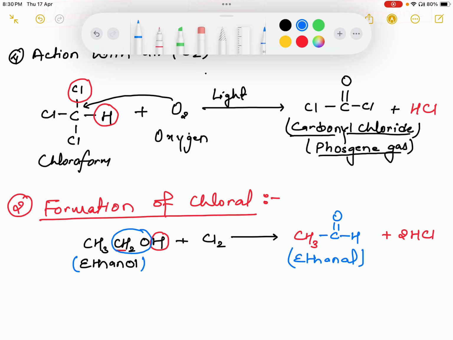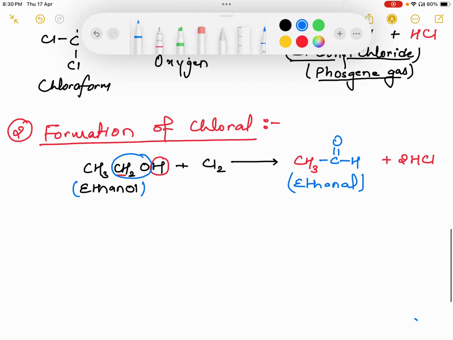Okay. Next, what you need to do is take the ethanal obtained in the first step, that is CH3, C double bond OH. It is being again treated with chlorine. And what will exactly happen again is that the entire three hydrogen atoms on this carbon will be replaced by three chlorine.